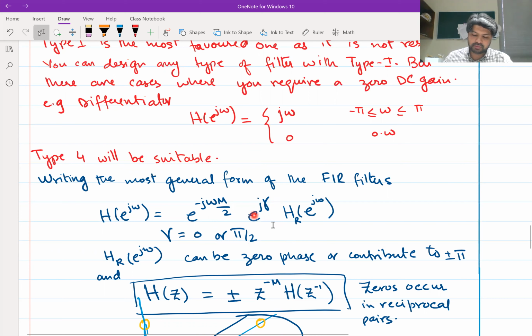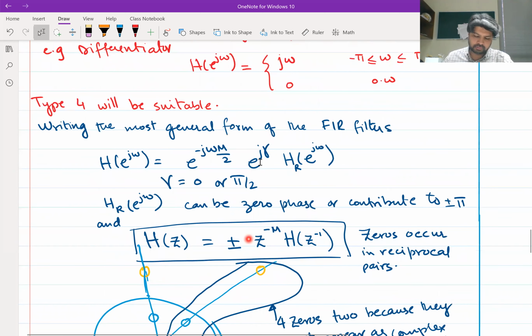So this would be taking care of this j thing. Or आपका hr of e to the power j omega can be 0 phase or can contribute plus minus pi. ठीक है, so zeros occur in reciprocal pairs. ठीक है, तो ये हमें पता चल गया.